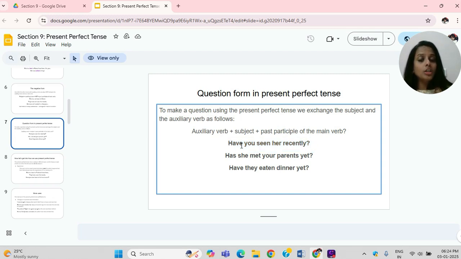So here auxiliary verb have, you the subject, and seen the past participle. Has she met your parents yet? So auxiliary verb has, subject she, and then past participle met. Have they eaten dinner yet? So have comes in the front, which is the auxiliary verb, they the subject, and then eaten as the past participle of the main verb eat.